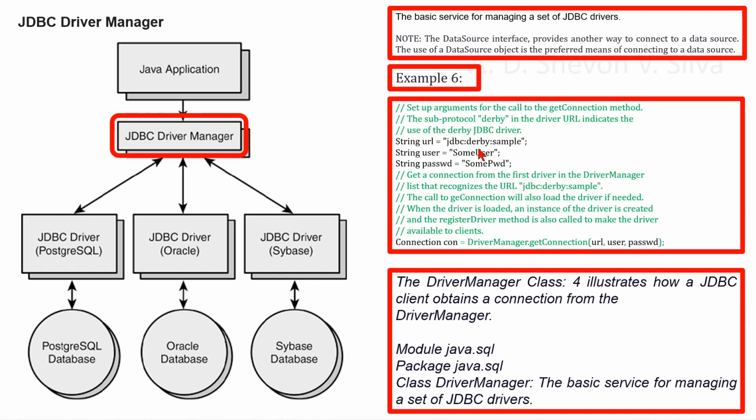Subprotocol derby in the driver URL indicates the use of the Derby JDBC driver. getConnection uses the first driver in the driver manager list that recognizes the URL jdbc:derby:sample. The call to getConnection will also load the driver if needed. When the driver is loaded, an instance of the driver is created, and the registerDriver method is also called to make the driver available to a client.